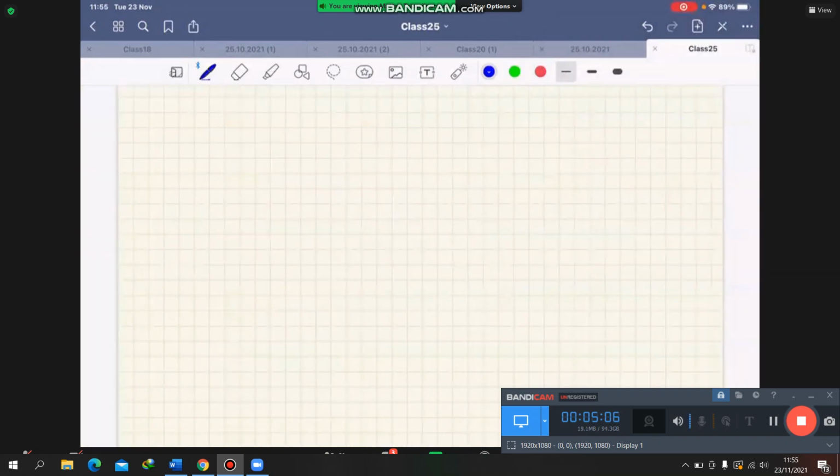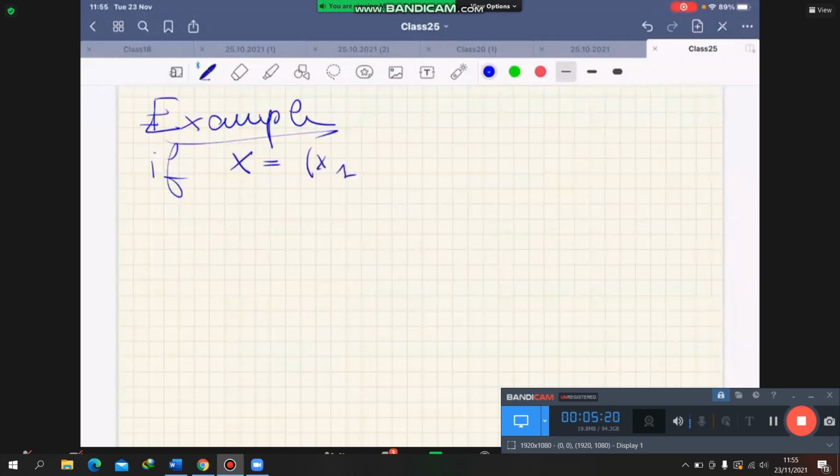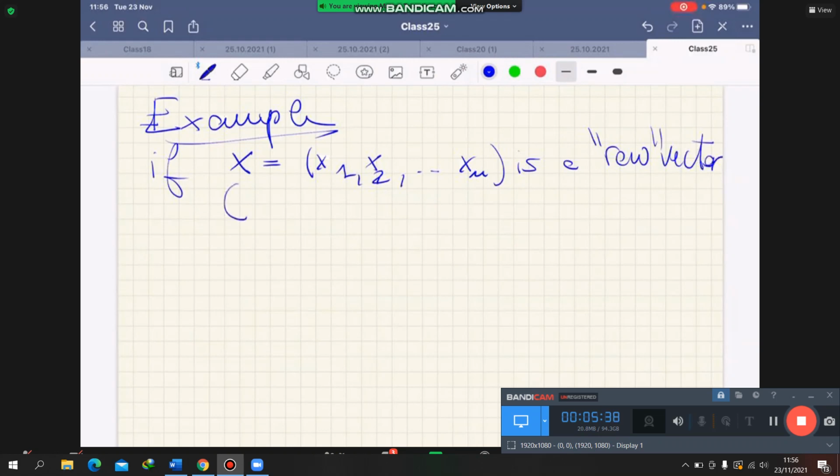So for instance, if you have x equal x1, x2, ..., xn, a row vector, meaning a 1 by n matrix, x^T is the corresponding column vector x1, x2, ..., xn.